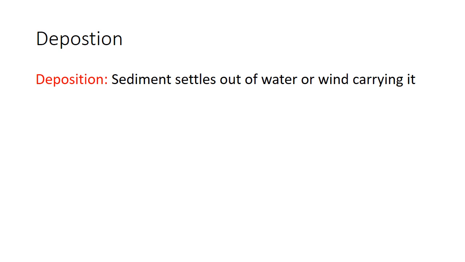Deposition is the next step. What is deposition? In deposition, sediment settles out of water or wind carrying it. Why does the sediment settle out of the water or wind?